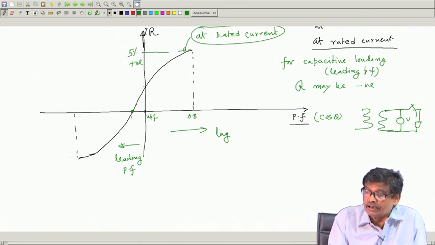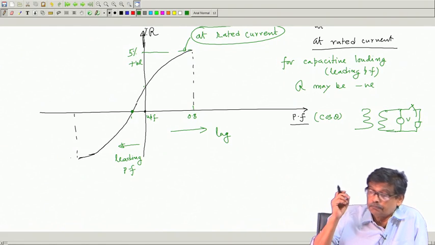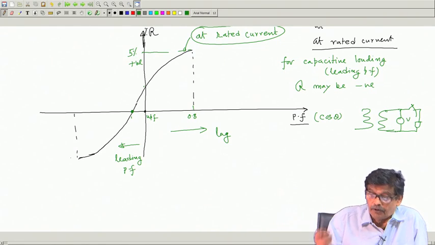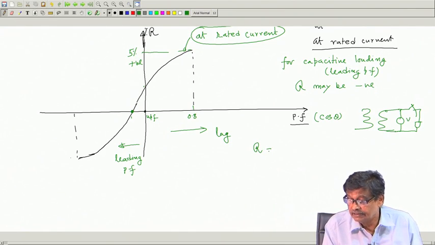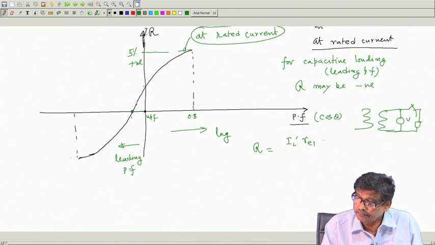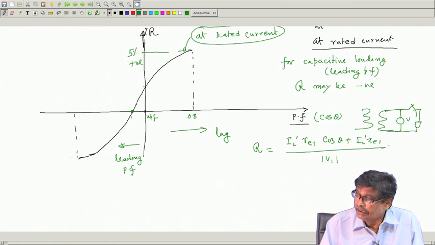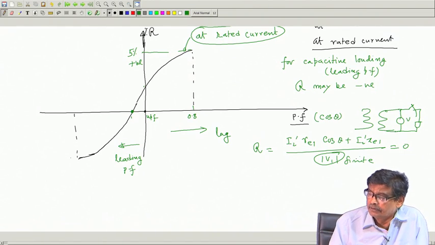So, regulation may become 0, and I can predict at what power factor regulation will become negative, because regulation is with respect to the primary side. It cannot be 0, it is finite, with rated value of applied voltage.